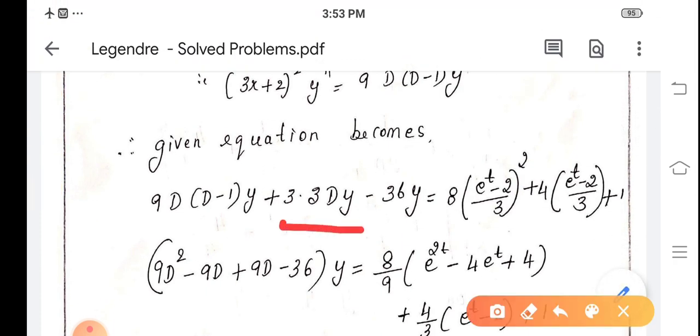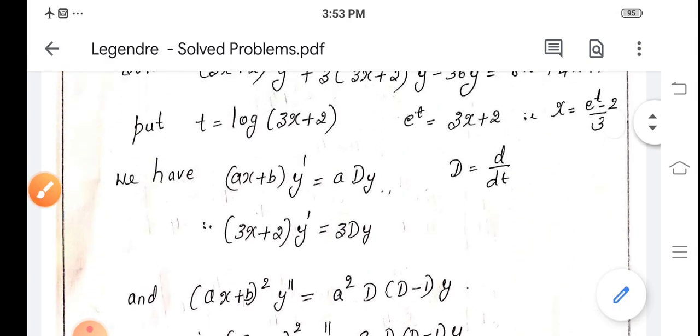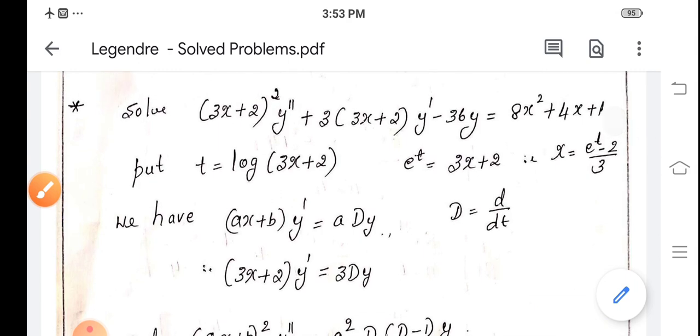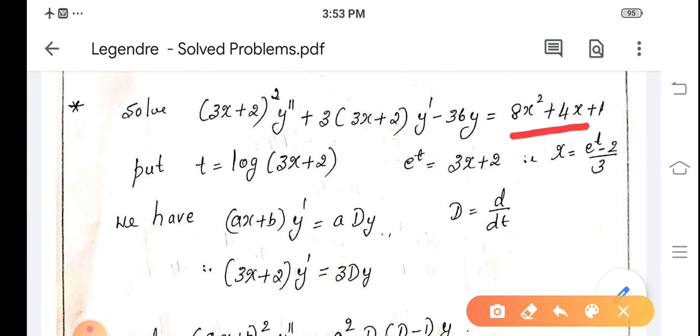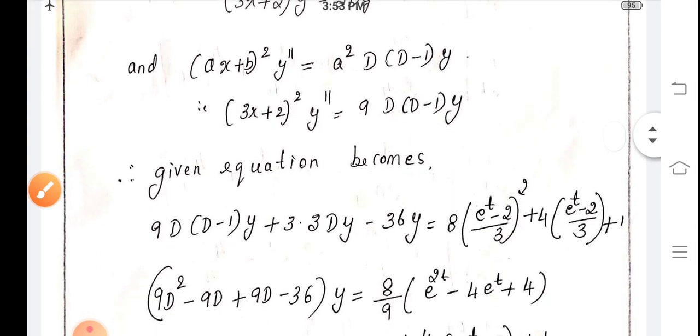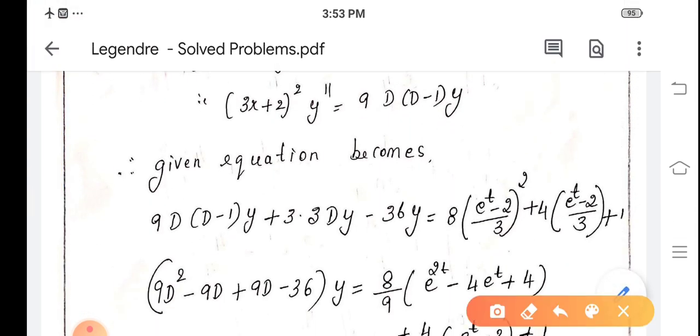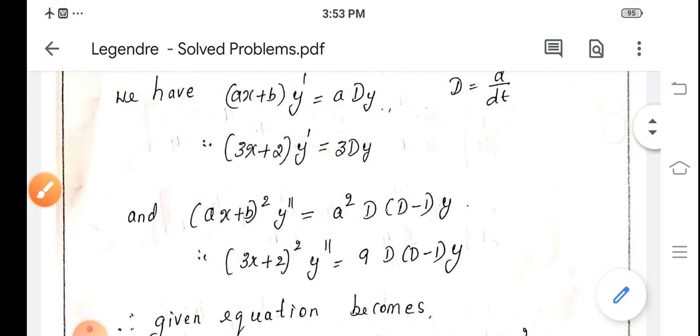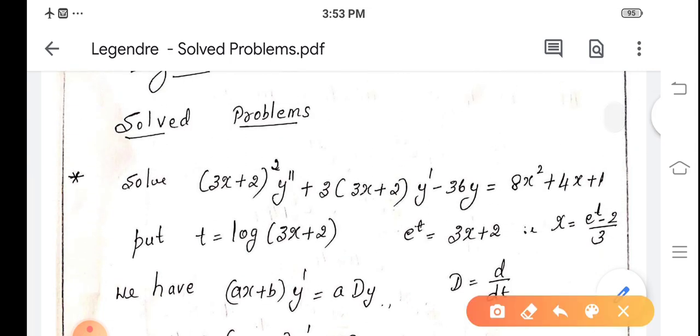Second term is 3(3x+2) y', which is replaced by 3·3 Dy, minus the third term 36y, equal to, in the right hand side, 8x². In place of x we have x = (e^t − 2)/3.